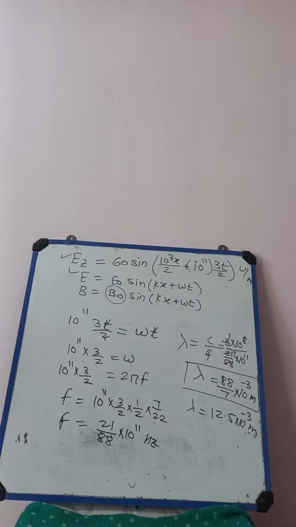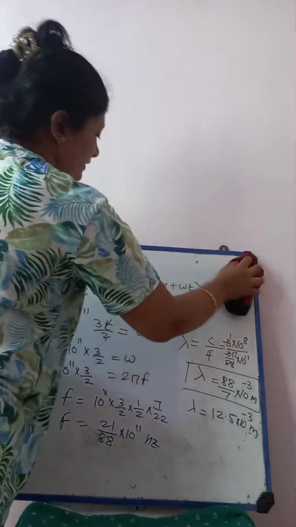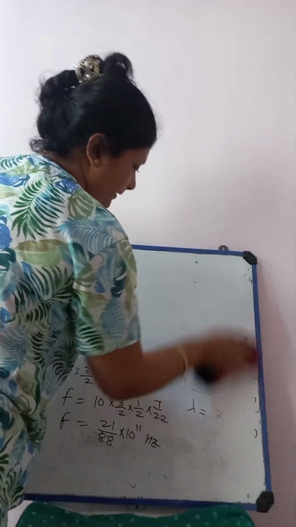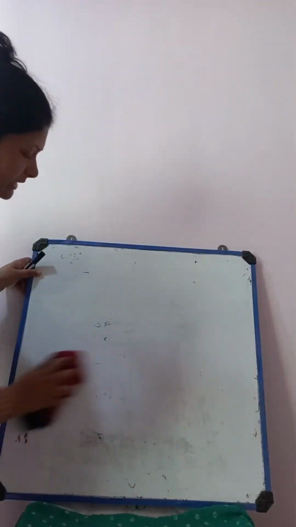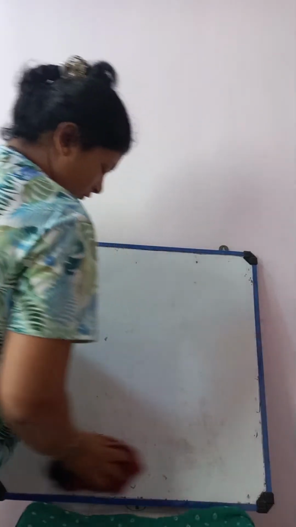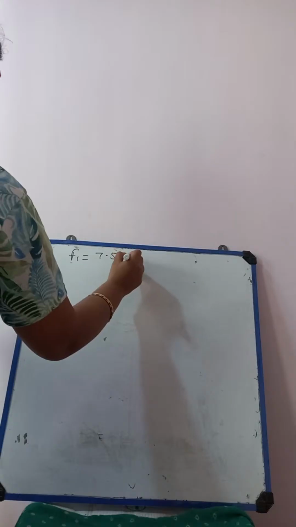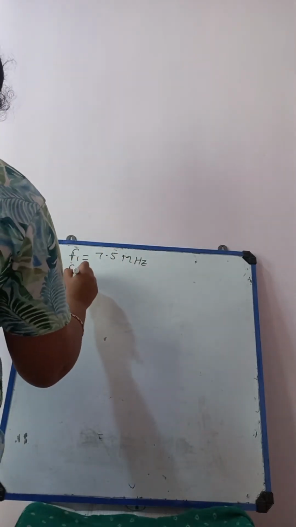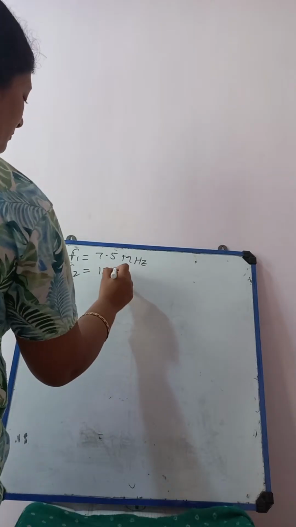They are asking for the corresponding wavelength band, and here two different frequencies are given. For these two different frequencies we get two different wavelengths, so for the frequency band we will get the wavelength band also. The radio station can tune between 7.5 megahertz and 12 megahertz.